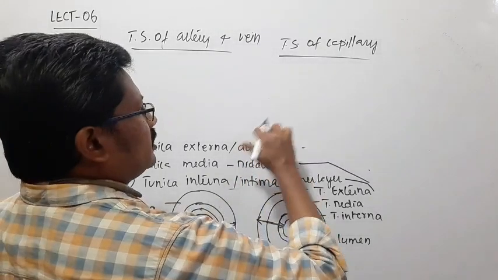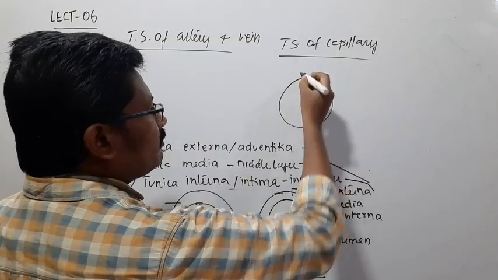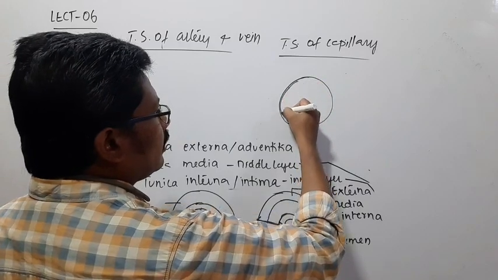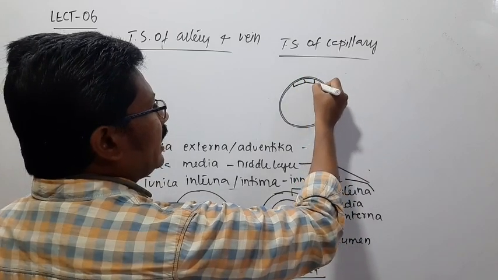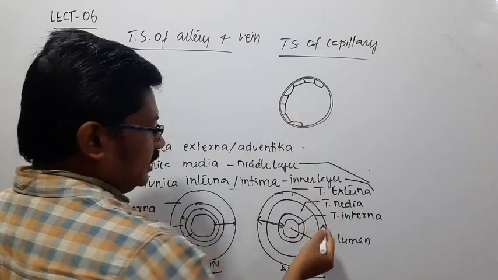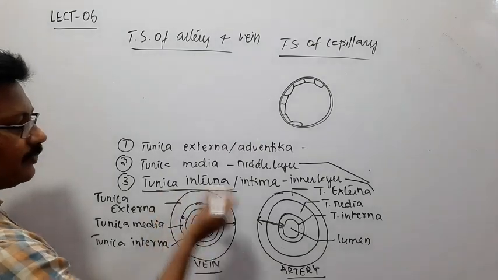So when you take the transverse section of the capillary, you will see an outer basement membrane, and then below that you will find only one layer, that is endothelium. In this case the endothelium is the tunica interna.